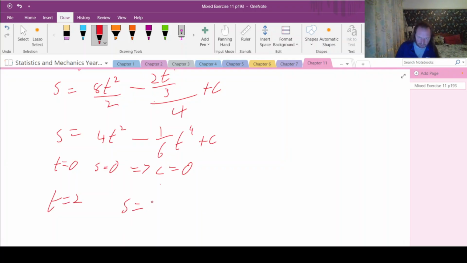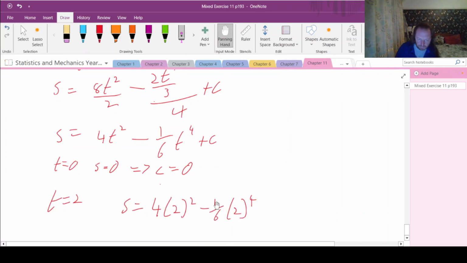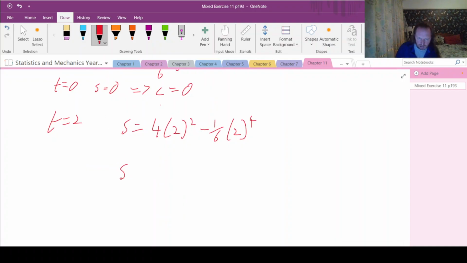So s is equal to 4 times 2 squared minus a sixth times 2 to the power 4, so s is 16 minus 16 divided by 6, which is 8 over 3, and so 16 minus 8 over 3 is 40 over 3.